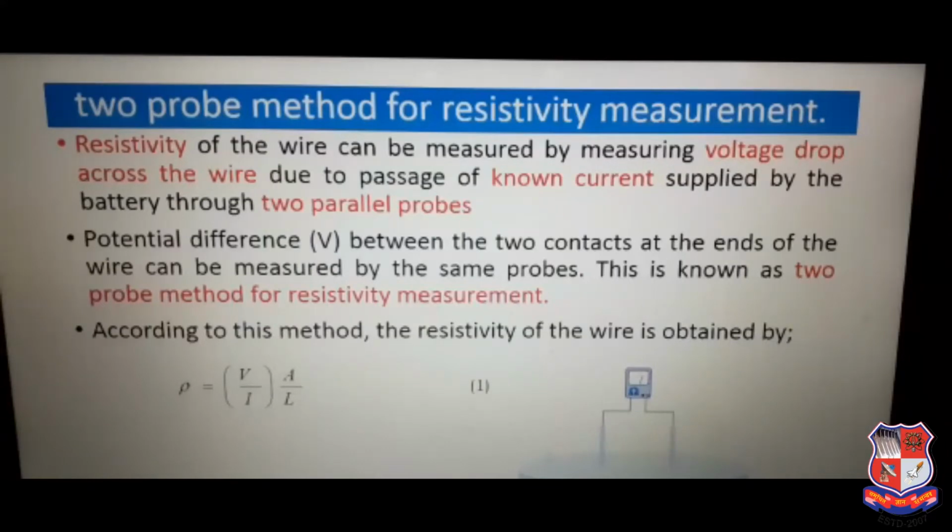This is known as the 2-probe method for resistivity measurement. According to this method, the resistivity of the wire can be obtained by rho is equal to V by I multiplied by A by L, where V is the potential drop between 2 probes, I is the current passing through it, A is the area of the sample, and L is its length.